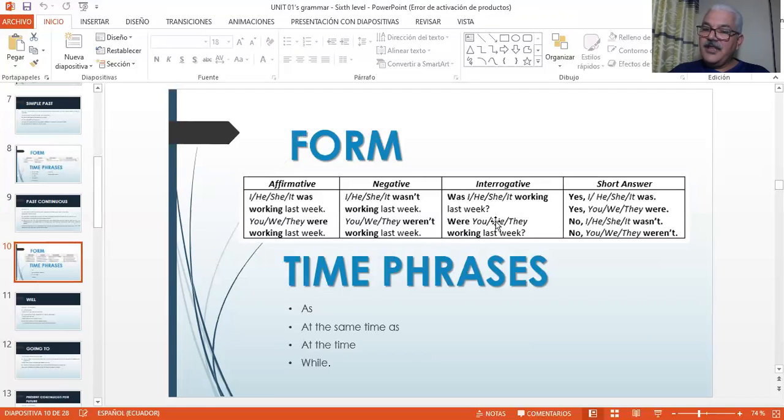Were you, were they, were we working last week? So notice that in this case, we are going to ask the question beginning with the verb be that corresponds to the person, then the person, that is the subject of the sentence, then the verb with ing, and then the complements. That's the structure.